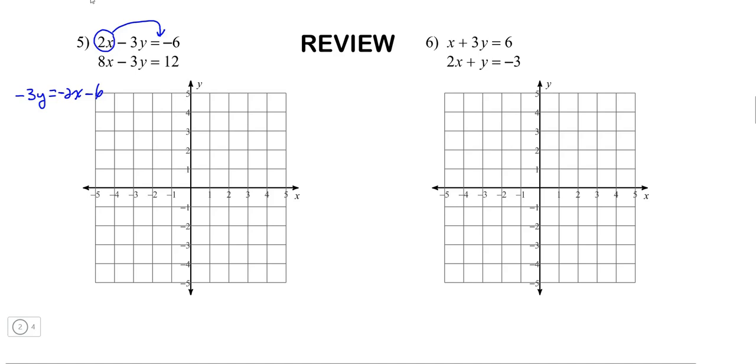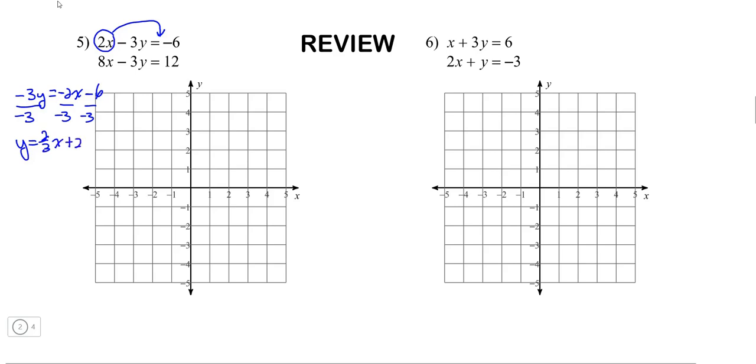Then we have to get rid of this -3, so we have to divide everything by -3. So we end up with y equals positive, so negative divided by negative is positive, and this is going to stay the fraction 2/3 x, and -6 divided by -3 is +2.